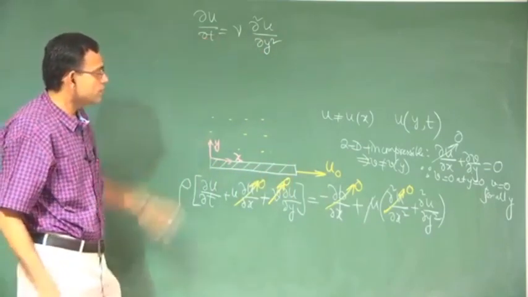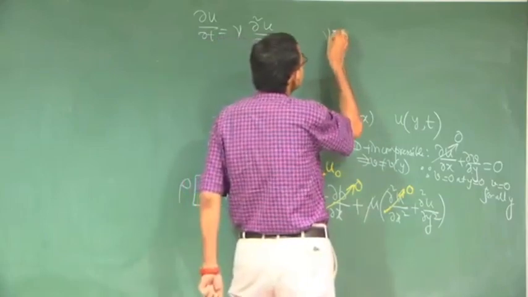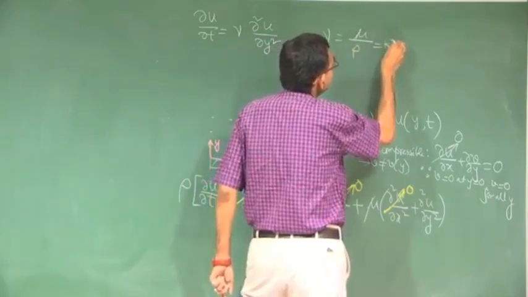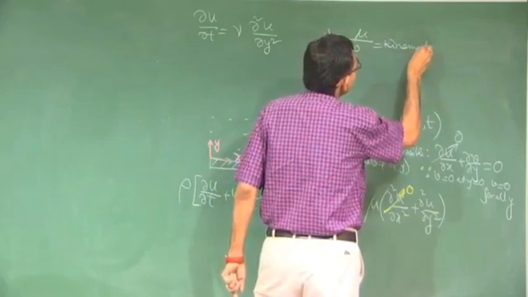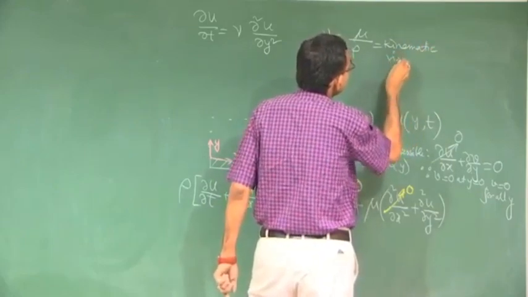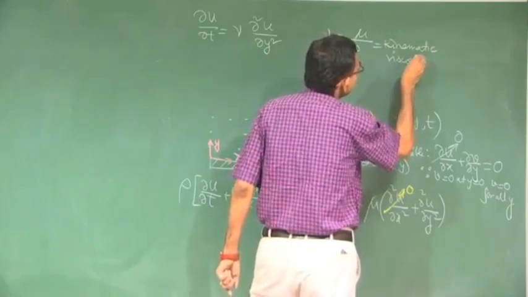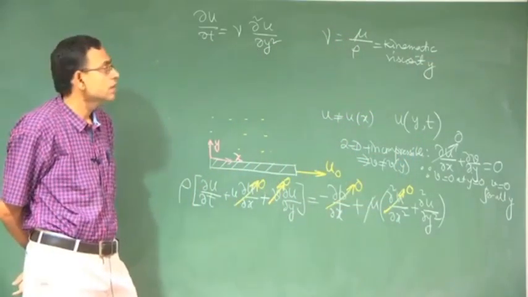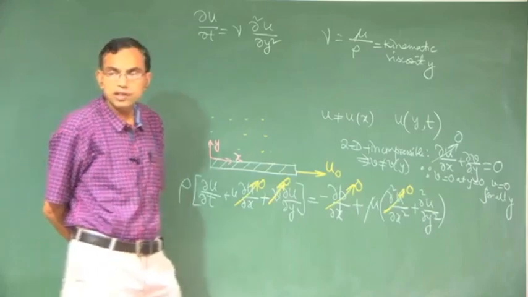What is this nu? This is called the kinematic viscosity. Why is this kinematic viscosity important?